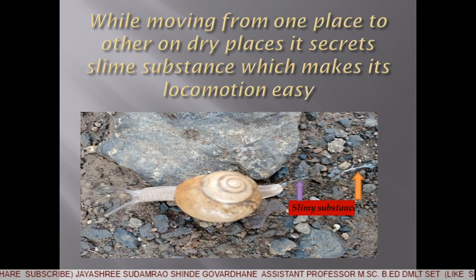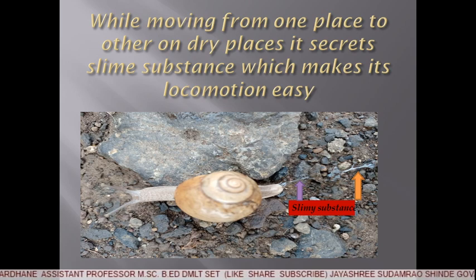While moving from one place to another on dry places, it secretes a slime substance, which makes its locomotion easy. Means what? If it has to go over a dry surface, it secretes some slimy substance. You can see here I have shown by arrows.